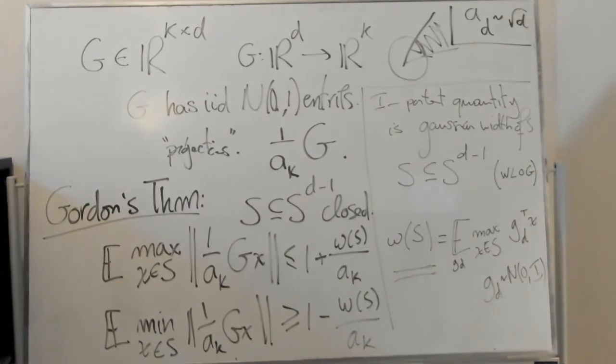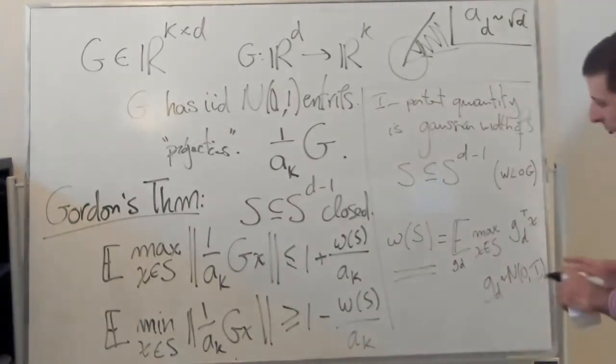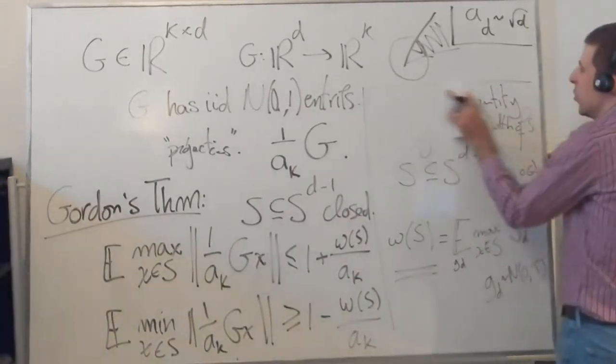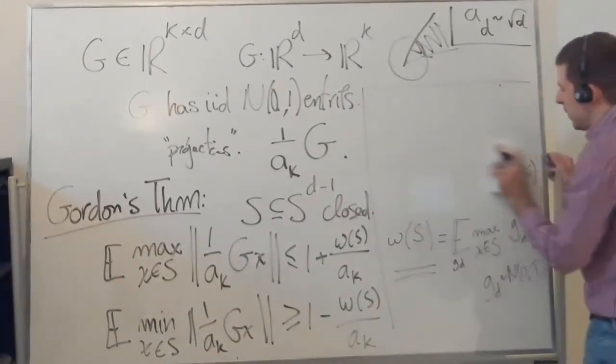Now, what does this say? Well, what this says immediately is that the norms are very close to 1.